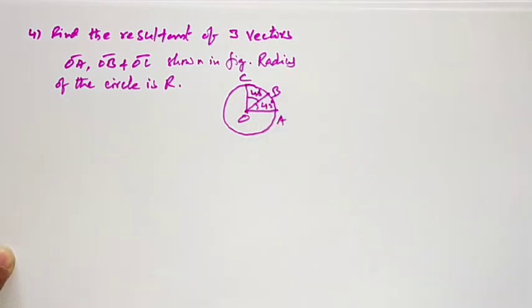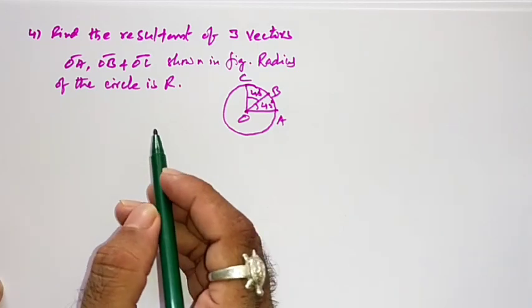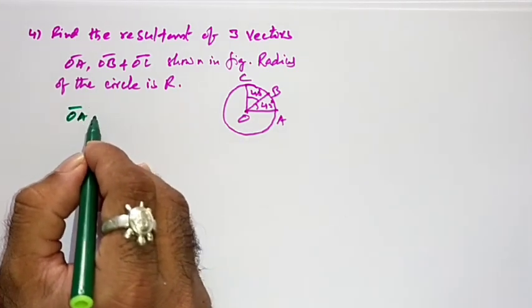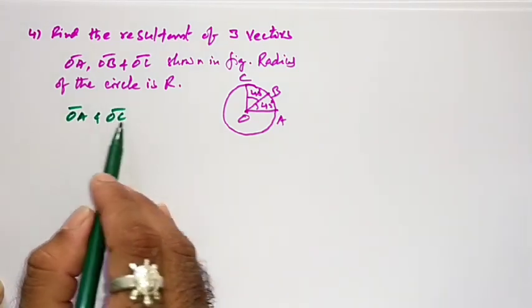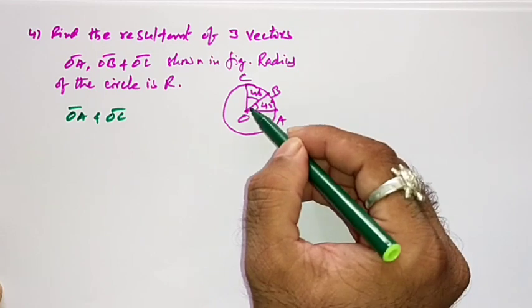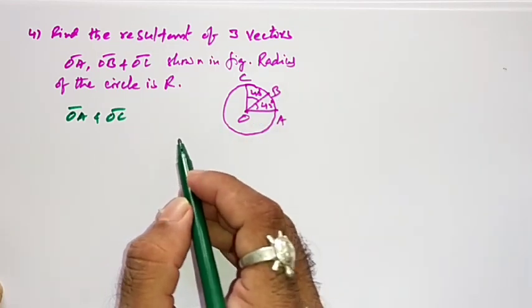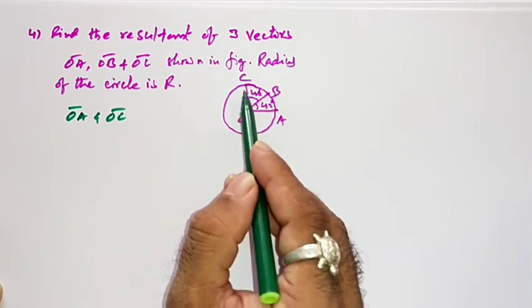What we need to find? The resultant of these three vectors we need to calculate. So first you calculate the resultant of vector OA and OC. When you calculate the resultant of these two vectors, it will be in the direction of OB. Yes or no? Because the magnitudes are same. What is the magnitude of OA? R. What is the magnitude of OC?